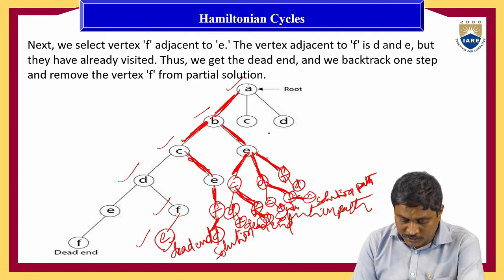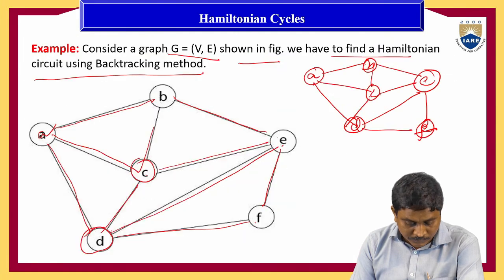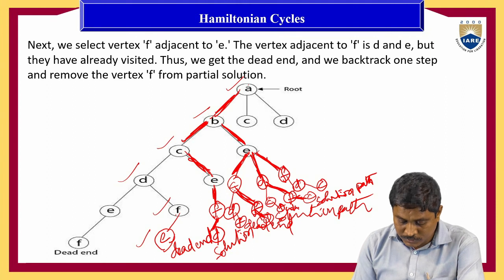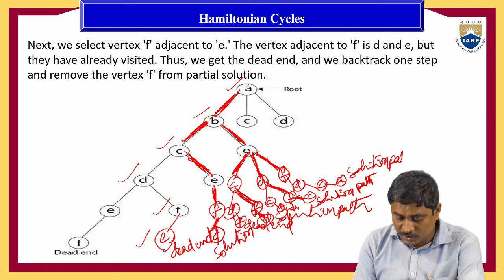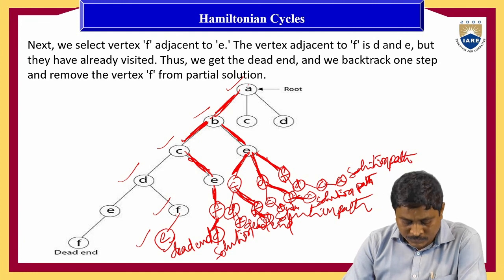Now suppose you take D to C. D to C path is there. So C to A. This is also a solution path. So here also the Hamiltonian cycle is constructed.